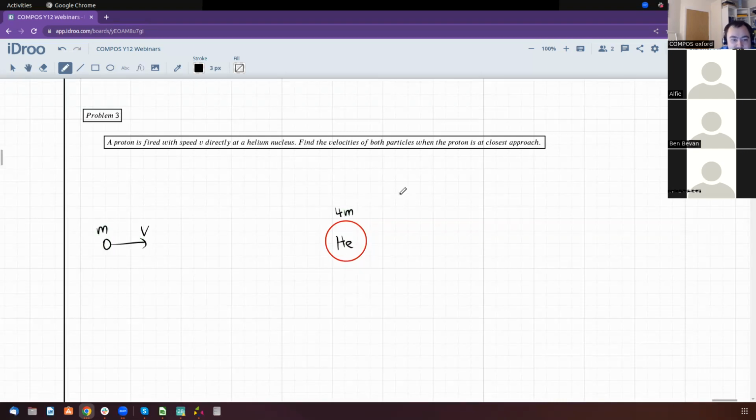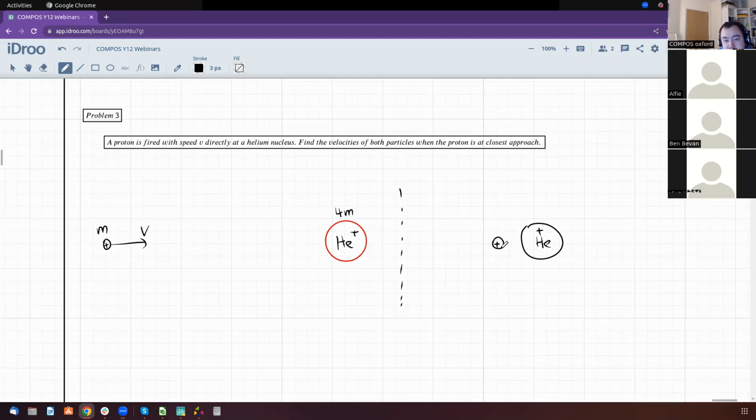Okay. Now, as they approach, the helium nucleus is positive, and the proton is positive, of course. So they repel. So at some point, the proton is at closest approach.